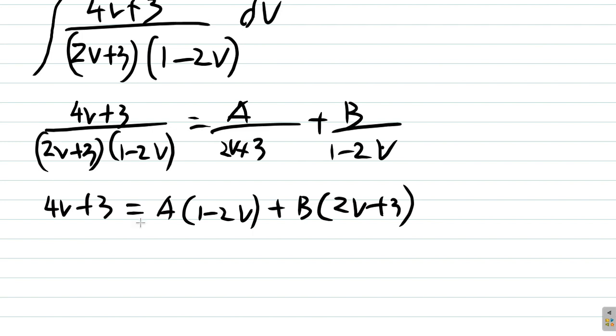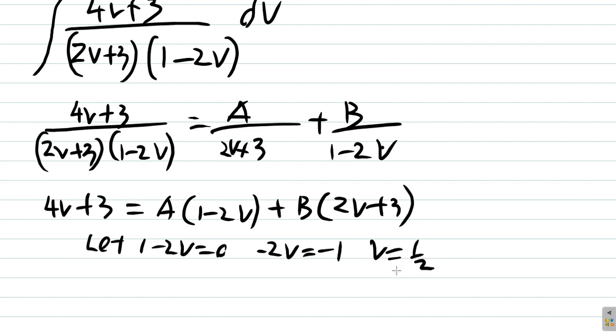Alright, let's get rid of the a. Let 1 minus 2v equals 0. That means that negative 2v would be negative 1 if we subtract 1 from both sides. So v would be half then. Yeah.